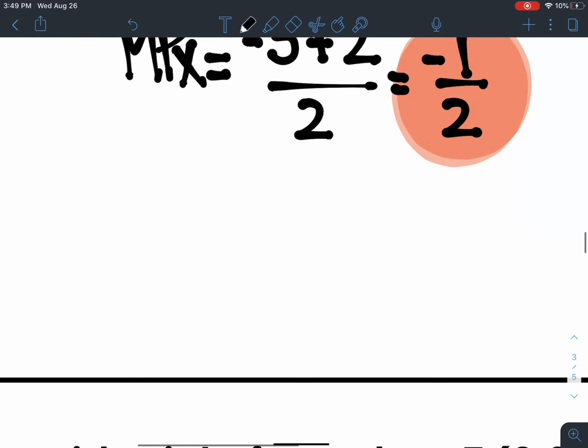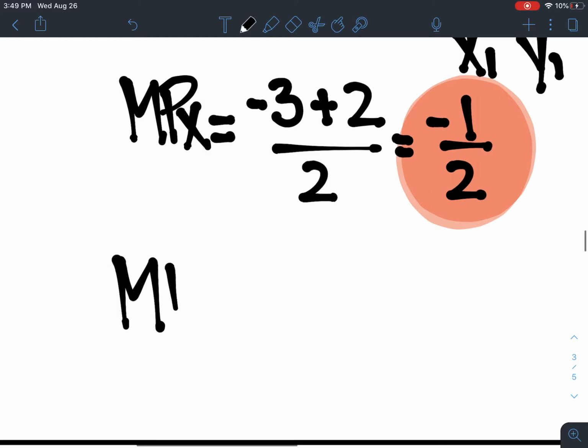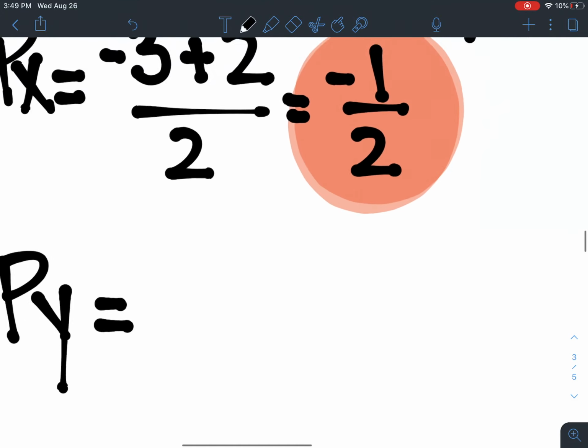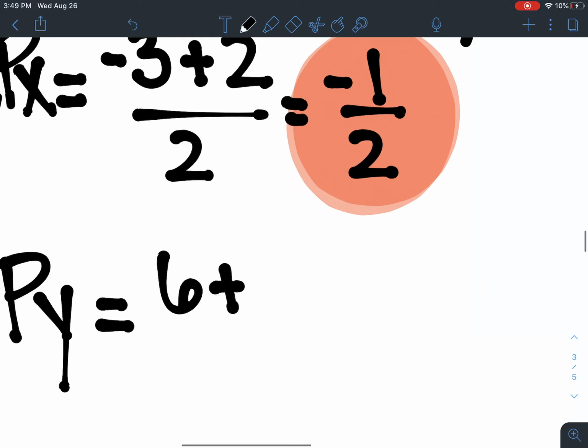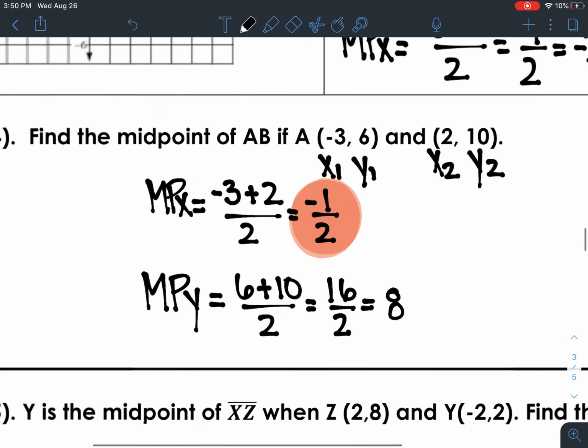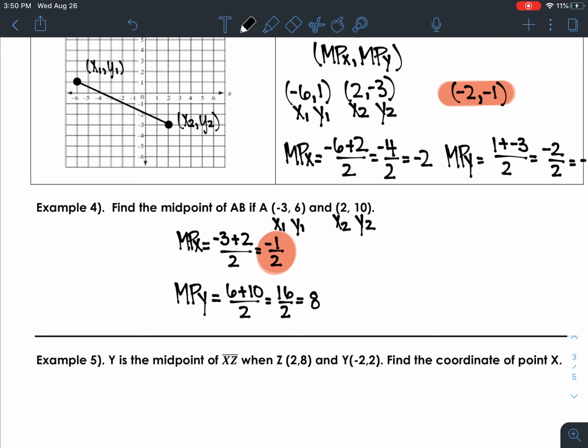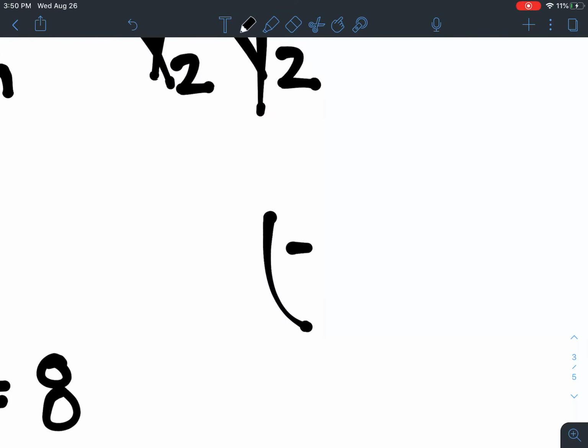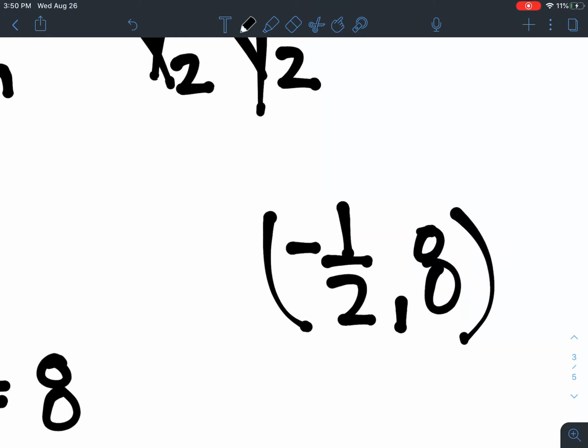Now let's do MPY. MPY is equal to 6 plus my y2, which is 10, divided by 2, which gives me 16 divided by 2. Final answer is 8. So my final answer for my midpoint is negative 1/2, comma, 8.